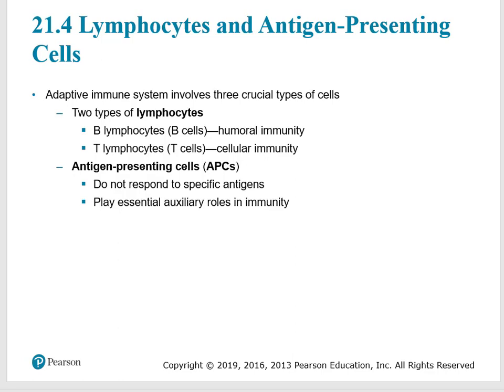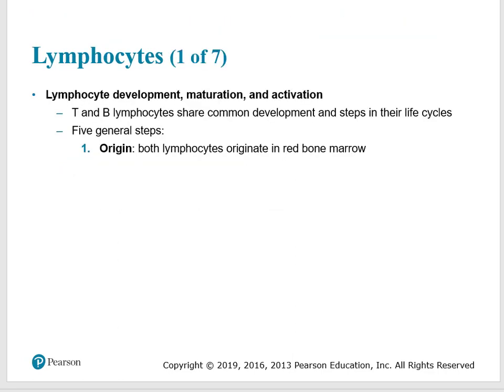They engulf it and then they display it. So those are antigen presenting. After engulfing, whatever pieces there are of the antigen, it gets presented. Hence, antigen presenting cells, APCs, that we have in our body. We'll deal with them eventually.